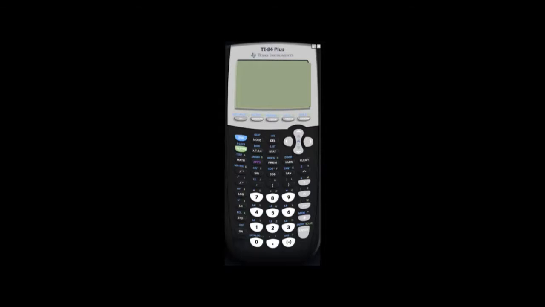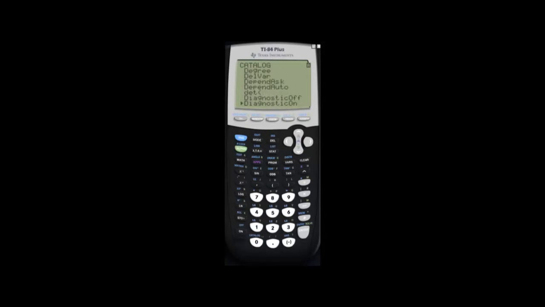Now we will look at how to use our calculator to find some correlations. We will begin by turning diagnostic on. To do so, we hit the second key in the upper left. 0 is catalog. At this time, the alpha key is locked, so we can simply hit D, which is X inverse, to get us down to the D's, and we will scroll down for diagnostic on.